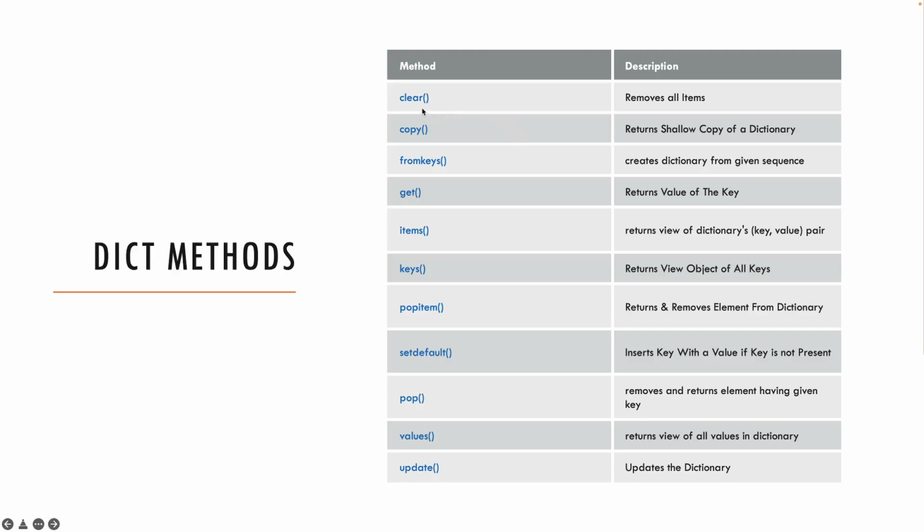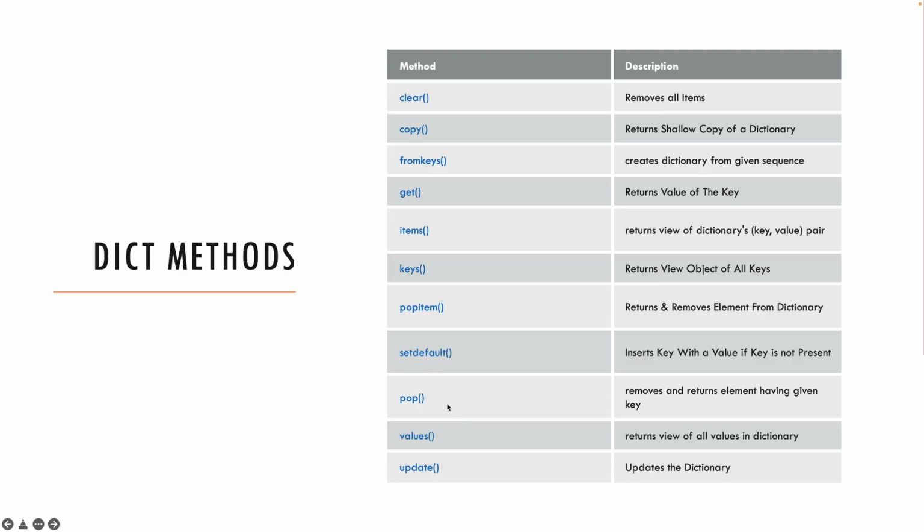Like we have seen on list, clear clears out everything, so the dictionary is empty, and copy acts the same for a list and for a dictionary as well. It is better understood if you are aware of how mutable data types work. So it returns a shallow copy of the dictionary. And so get, items, keys, we will see all of them.